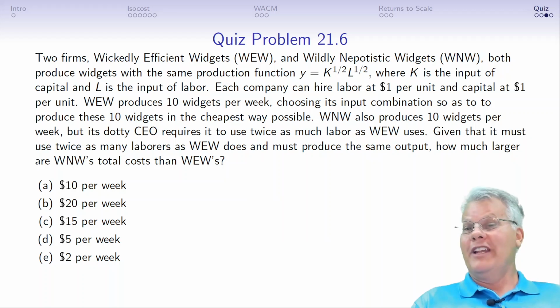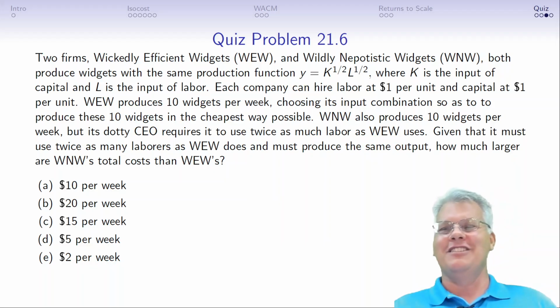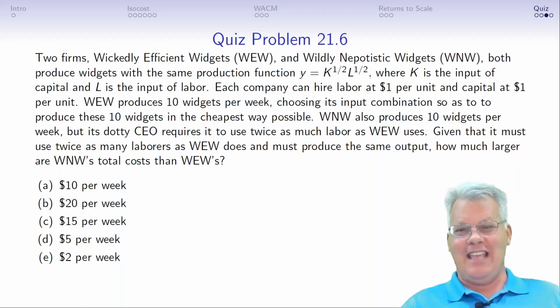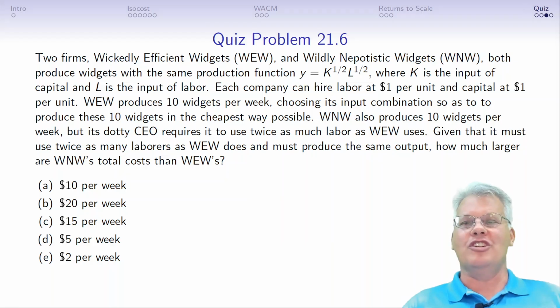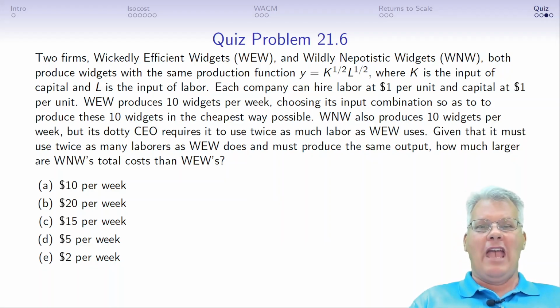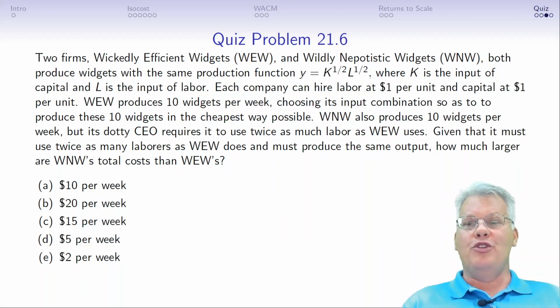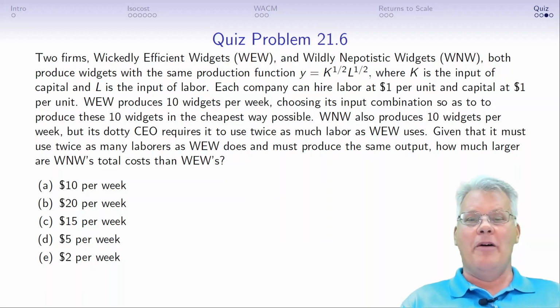Two firms, wickedly efficient widgets and wildly nepotistic widgets, both produce with the same Cobb-Douglas production function, where we have capital and labor. We have costs for capital and labor. The efficient firm produces 10 widgets per week using the cost minimizing combination.